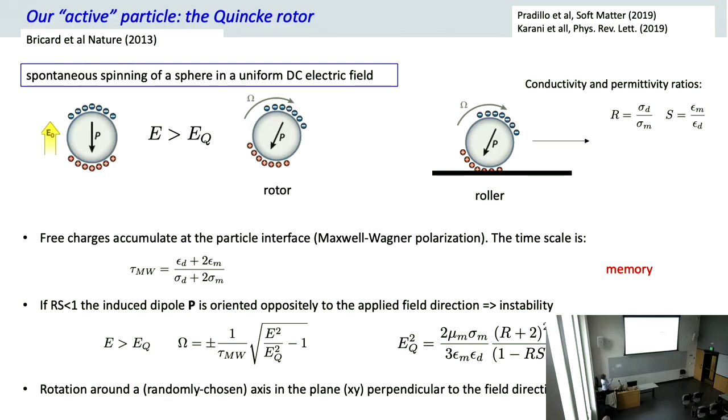What do we mean? Suppose we perturb the dipole a little bit. If you perturb the dipole, there is a torque, P cross E: the dipole cross product with the electric field gives you a torque. That torque wants to rotate the particle. And if these charges were attached to the particle, the dipole would simply flip, and that's the end of the story.